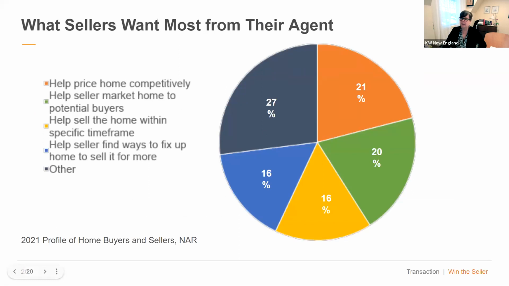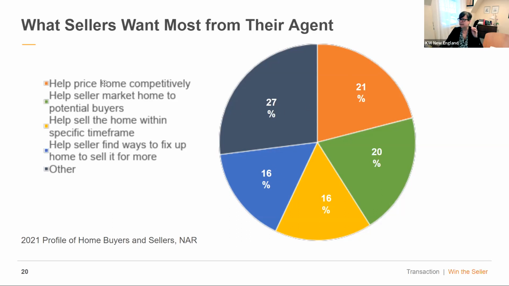All right, let's talk about what sellers really want from their agents. This is from 2021. I don't know if these numbers changed at all from 2022, but we shall see. I don't think so. 27% of sellers wanted help, where am I?